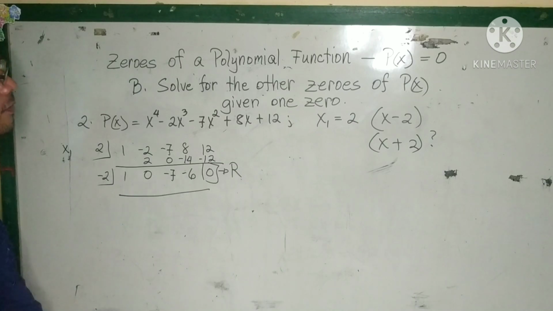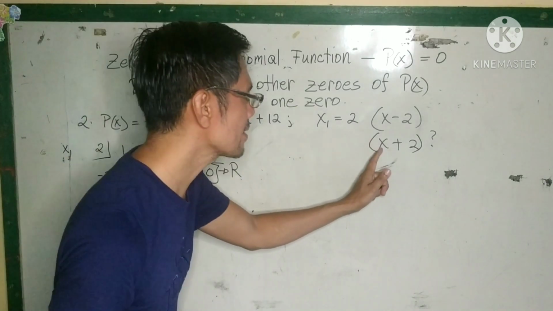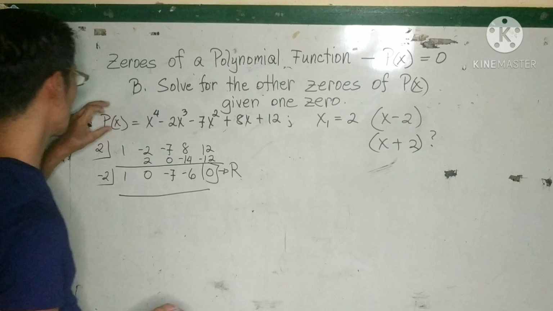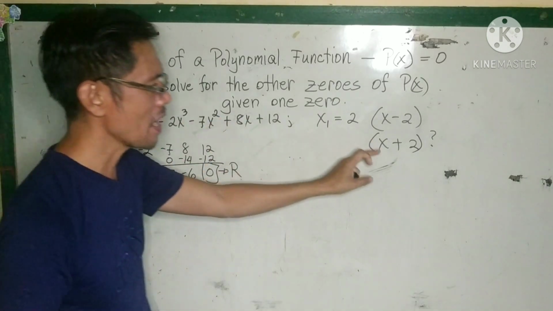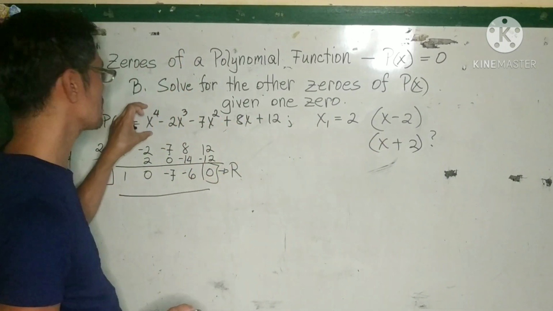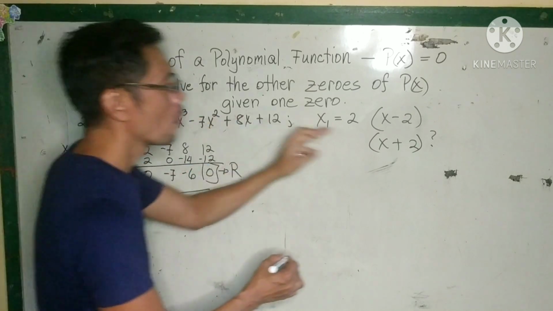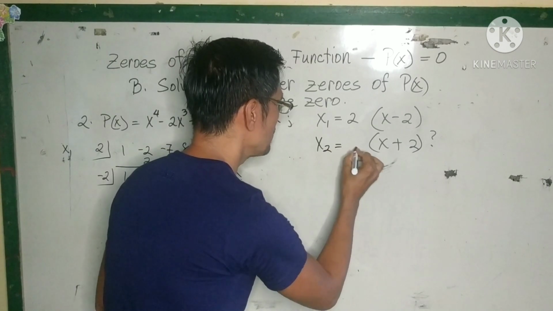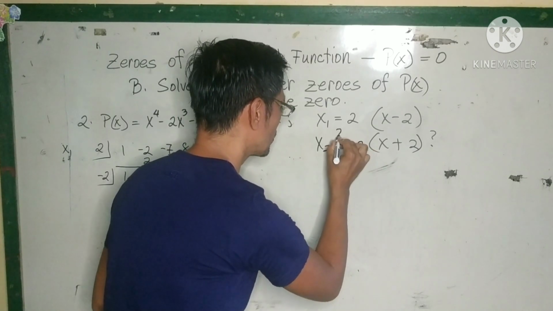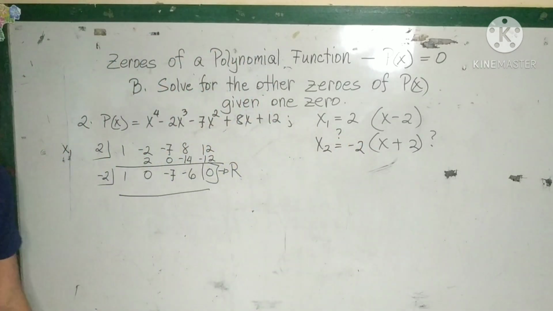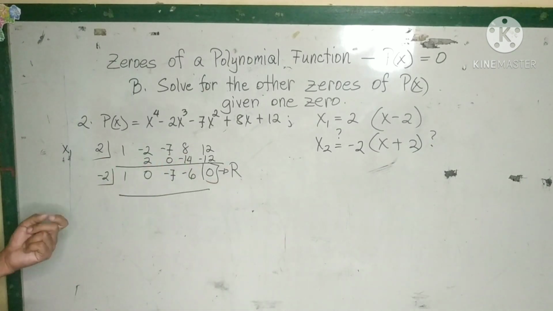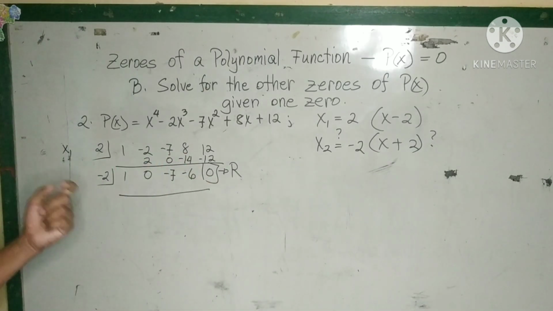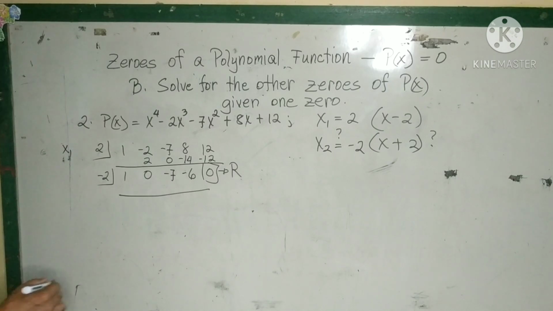And let us try to find out whether this x plus 2 is a factor of this p of x. If x plus 2 is a factor of this p of x, then one root could be negative 2. But let us see if one of the roots could be negative 2.